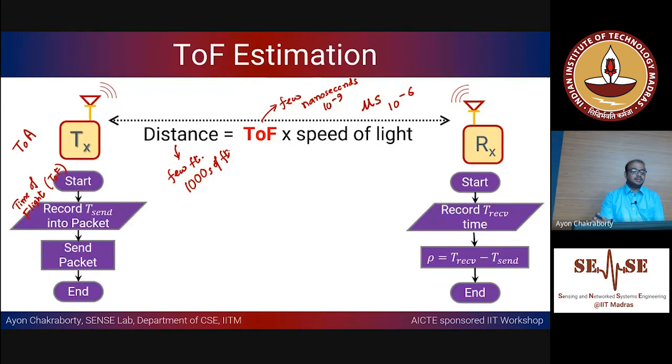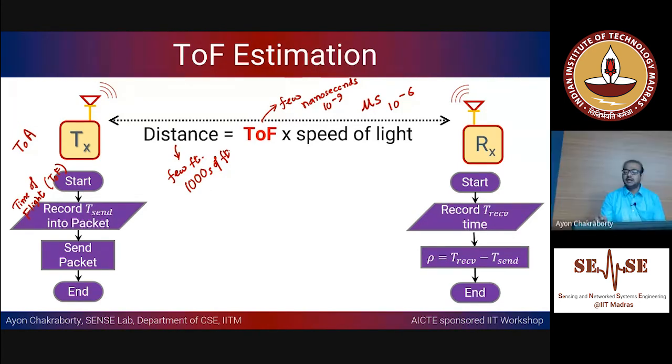Okay, so one simple algorithm is that we can start at the sender and record T sent, the timestamp of the packet when it is being generated and sent. We write that information, T sent, in the packet and send the packet.